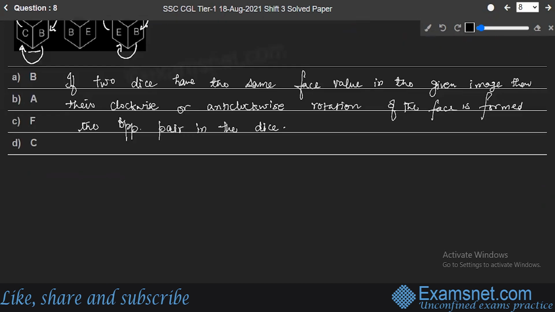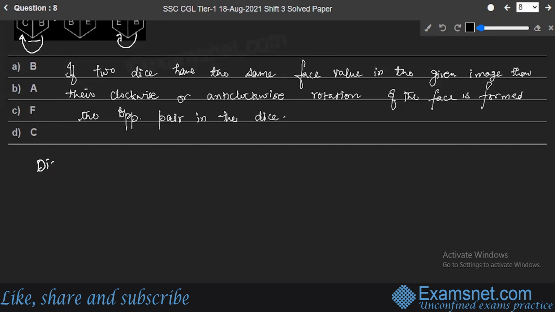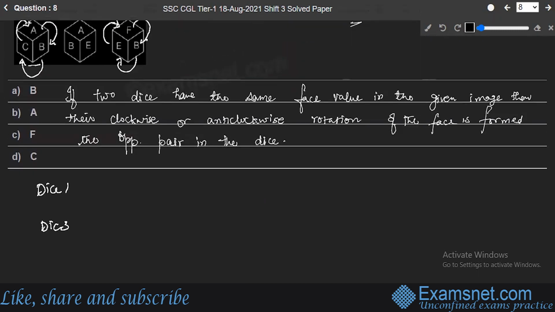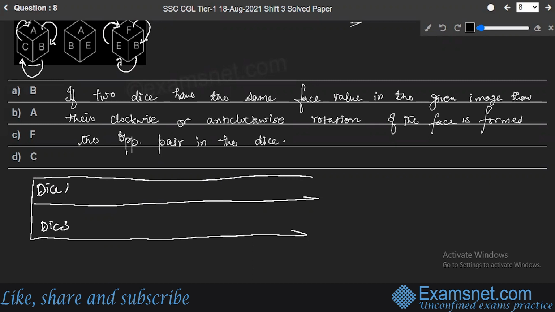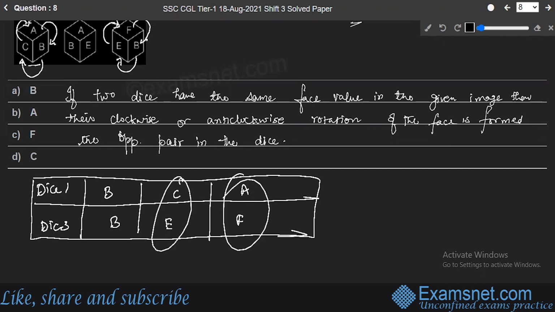Right. So for both the sides, let's make the table for both the dices, dice 1 and dice 3. Let's see both of them. So here it is. Now, see, according to this, B was shifted to C and C was shifted to A. Similarly, B was shifted to E and E was shifted to F in the clockwise direction rotation. Right. So that means C and E are opposite, A and F are opposite.